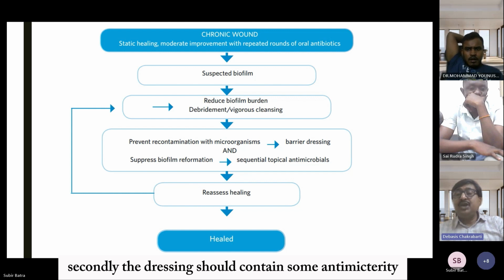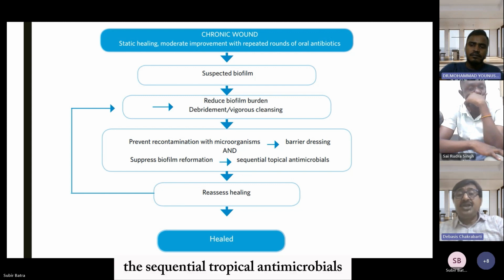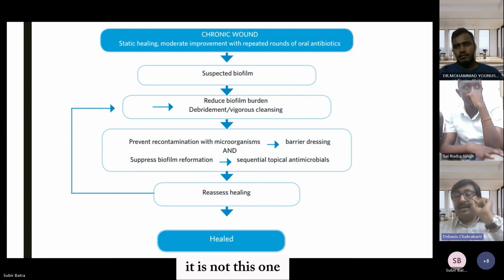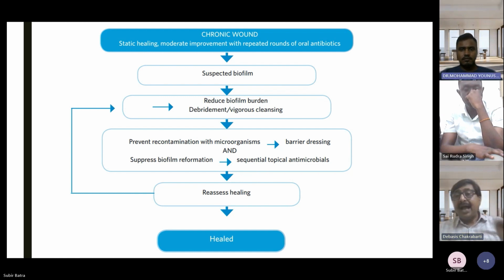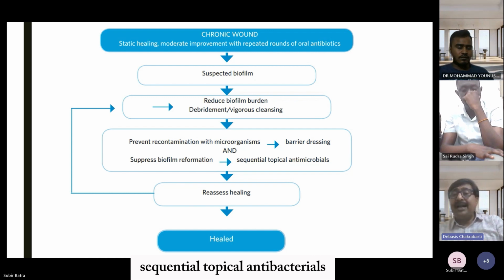Secondly, the dressing should contain some antimicrobial agent, and you should use sequential topical antimicrobials. Please note this word. I have not used the word topical antibiotics. I have used the word sequential topical antimicrobials.